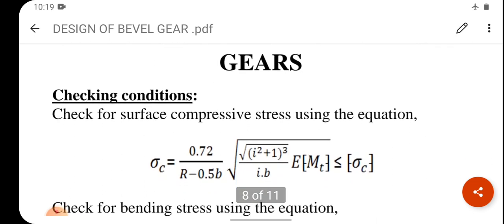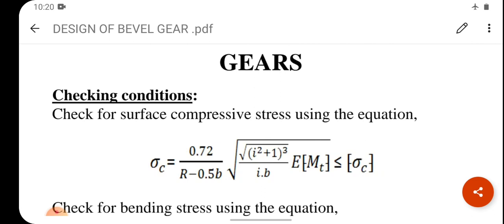So the value you get should be less than or equal to the permissible value of sigma c. So calculated value or final value should be less than or equal to sigma c.